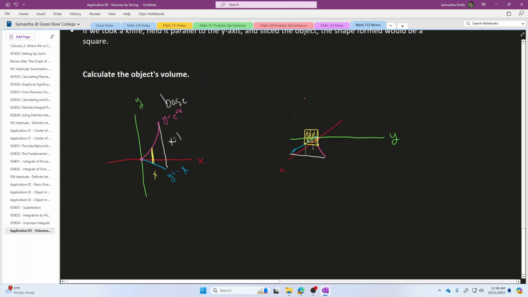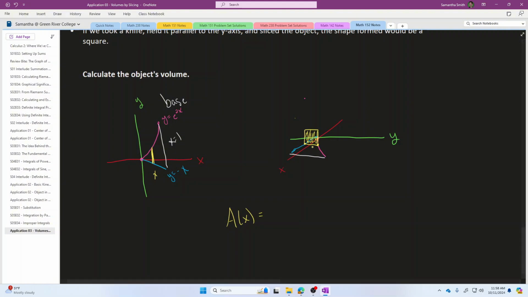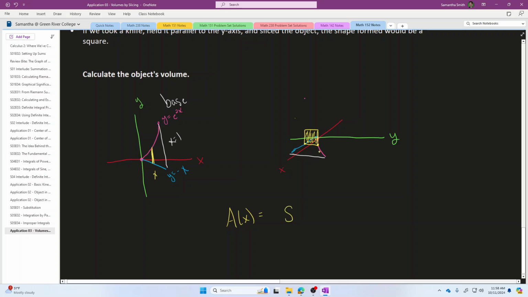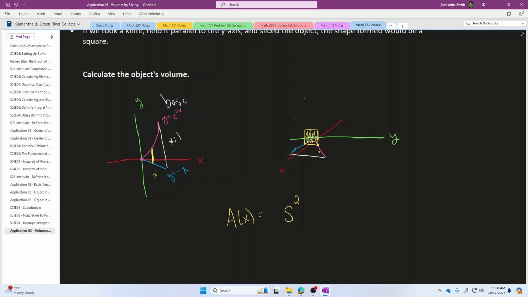So once again, my mission is to find my area formula. And once again, because my areas have a geometric shape, and in this case, they have the shape of squares, I'm going to use the area formula for a square, side length squared. If I can just figure out what is the side length of an arbitrary slice taken at an arbitrary x, then I can put that side length into this and I can finish filling out my area formula.